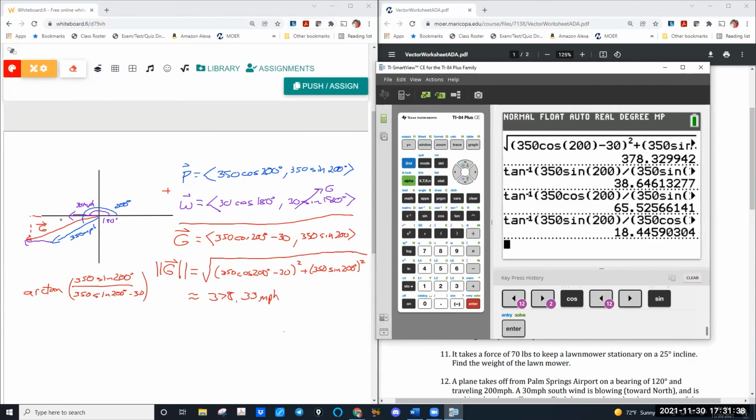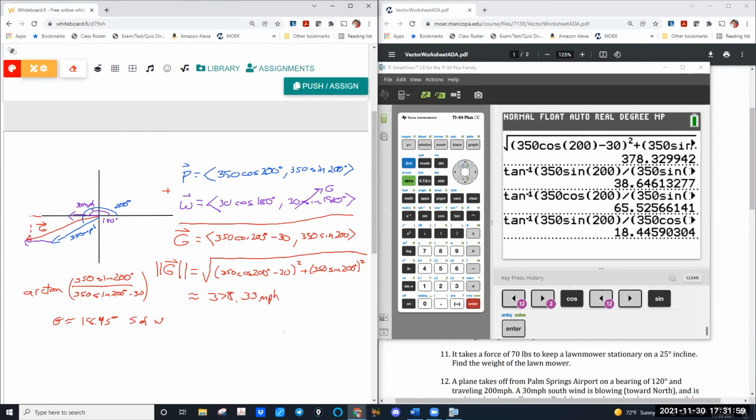Now this is just the reference angle. So we get that our angle is about 18.45 degrees. And if we wanted to give that a direction, we might say south of west.